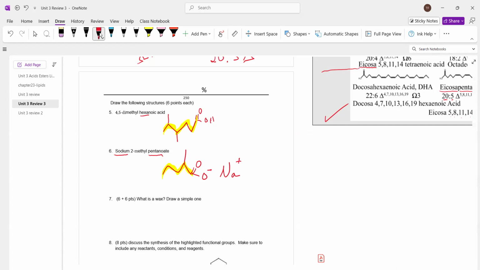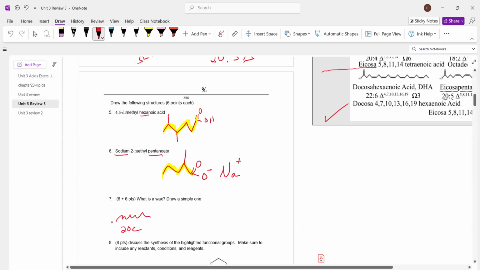Okay, what is a wax? Okay, a wax is an ester, and it is very, very long. So you've got like 20 carbons, and this would be the acid, alcohol, and you can have a whole bunch over here.